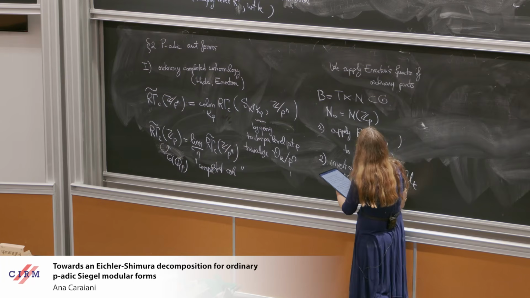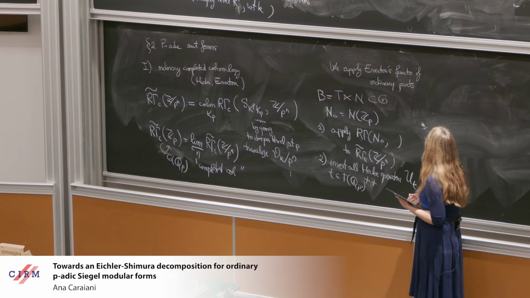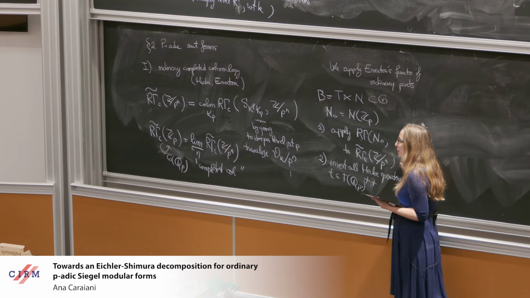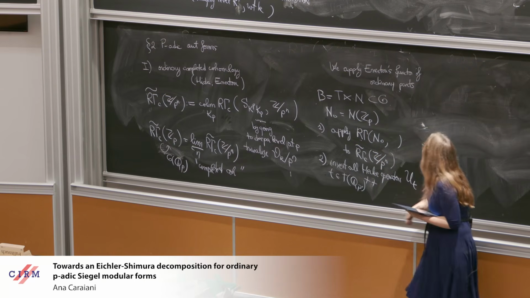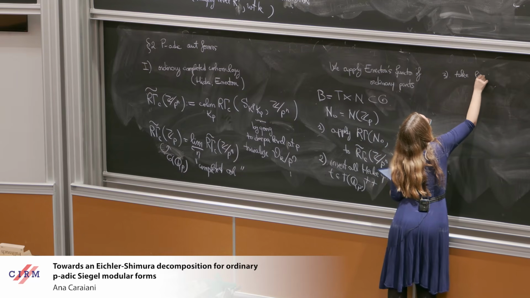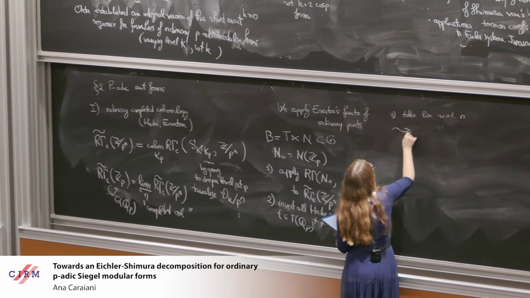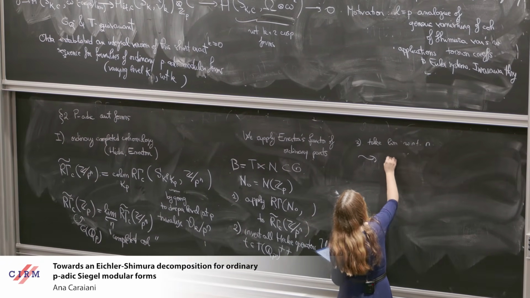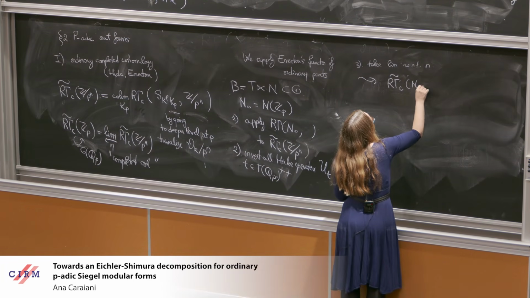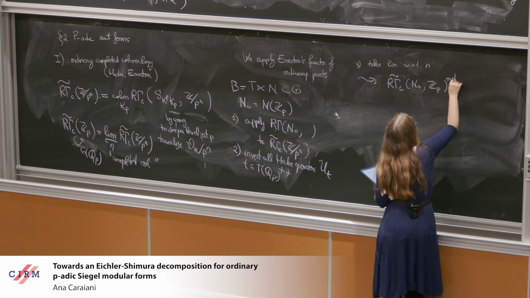Okay, so you invert all these Hecke operators, which just act functorially on group cohomology by conjugating and then applying a corestriction map in group cohomology, but you invert them and then finally you take a limit with respect to it. Okay, and the outcome is a p-adically admissible representation of just the Q_p points of the torus, and I'm going to call this RΓ with compact support and N_0(Z_p)-ordinary.